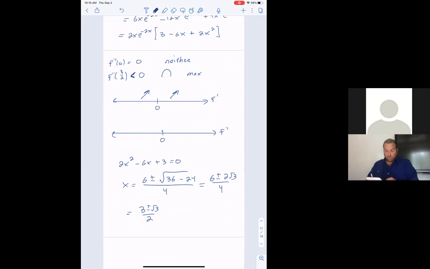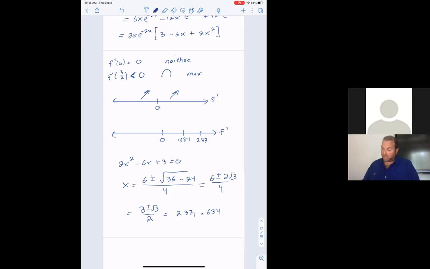3 plus the square root of 3 all over 2. That's 2.37. And 3 minus the square root of 3 all over 2. That's 0.634. So we have to add those, 0.634 and 2.37. And then we want to check the second derivative.